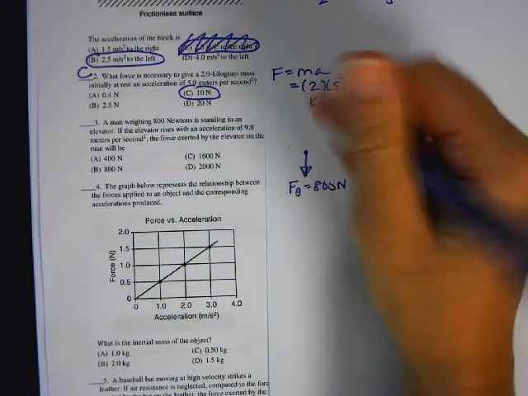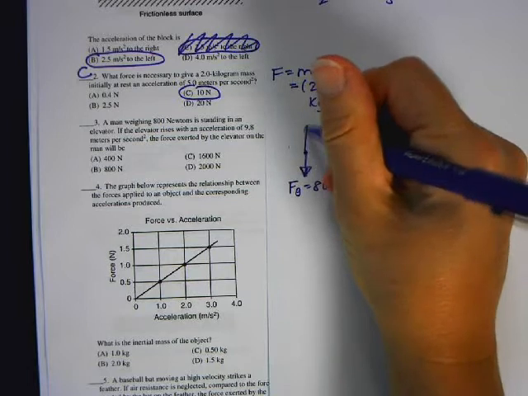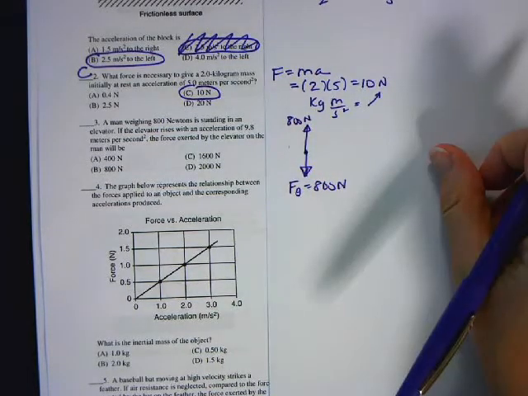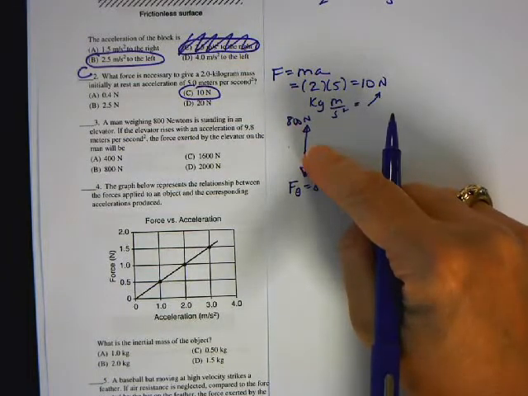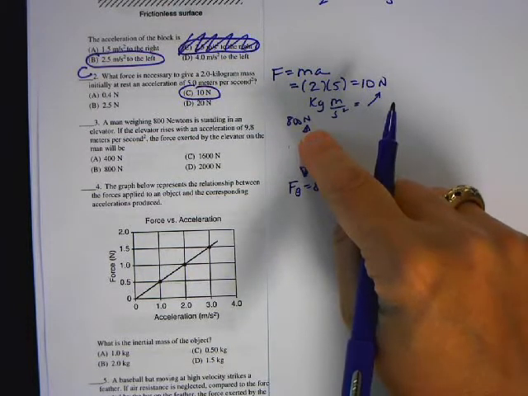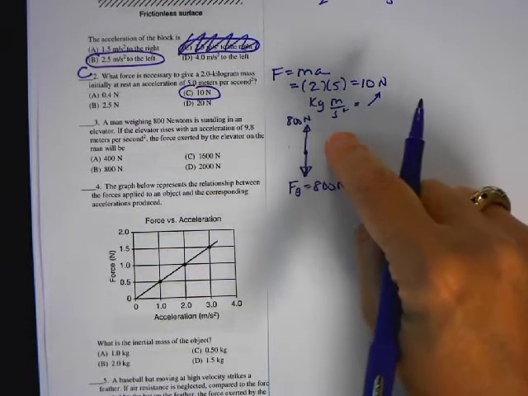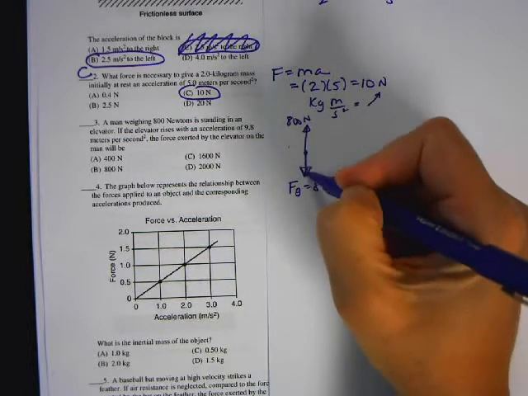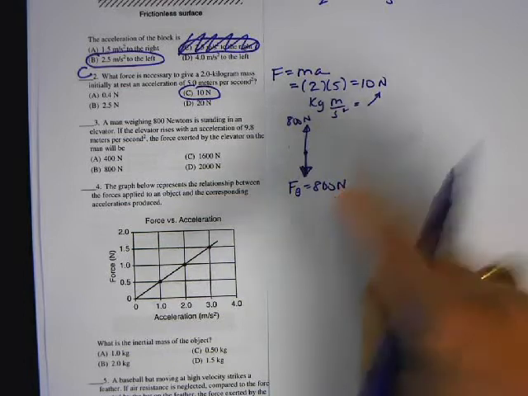Now, if the elevator was not moving, I would have 800 newtons up because it would be equal and opposite, right? But the elevator's accelerating at 9.8. Well, 9.8 happens to be gravity. So in order to have an acceleration of 9.8 up, that 9.8 up is what his weight would be going down.